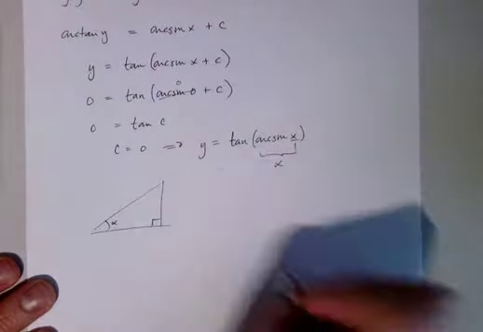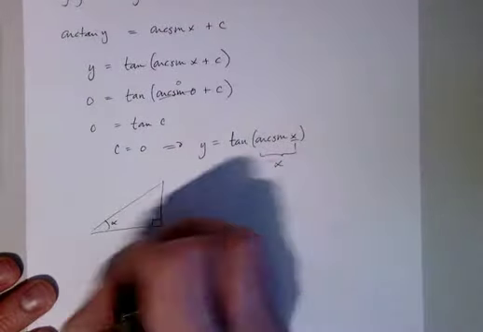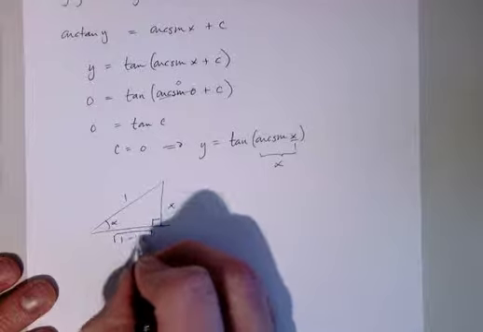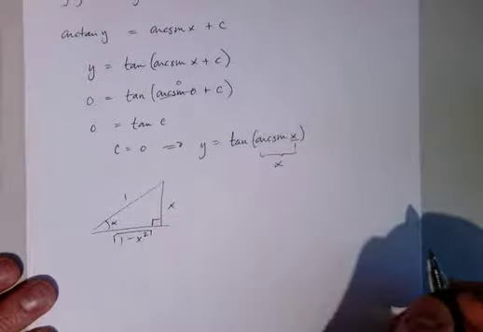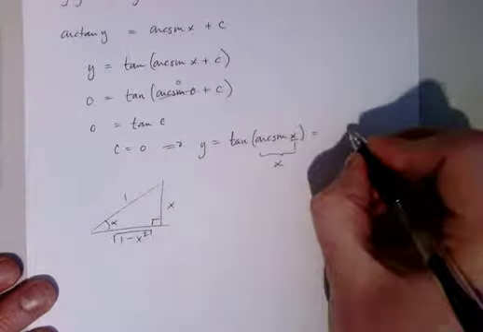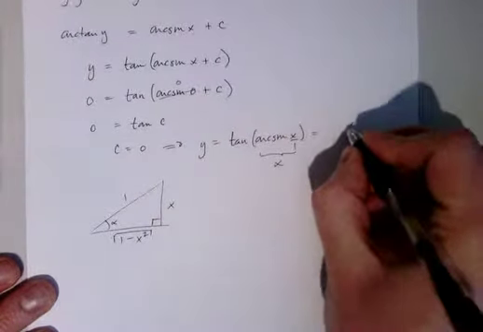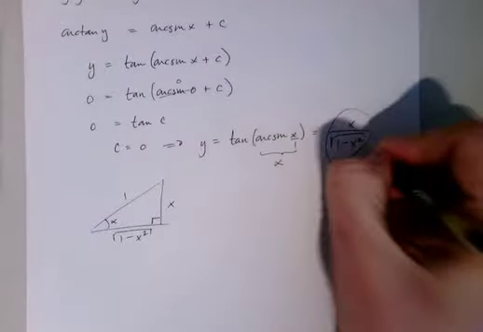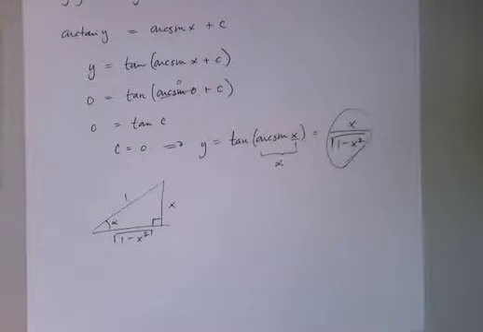We'll call it alpha, and if alpha has a sine of x over 1, opposite over hypotenuse, it has an adjacent of the square root of 1 minus x squared. And the tangent of that particular one is opposite over adjacent. That is the particular solution. That is the initial value solution for that particular problem.